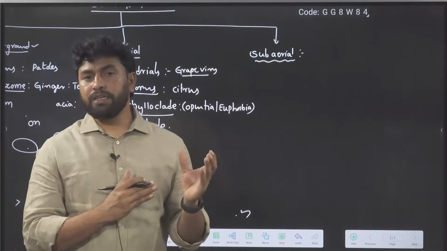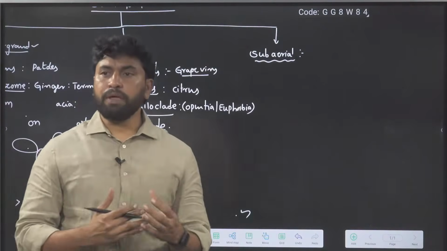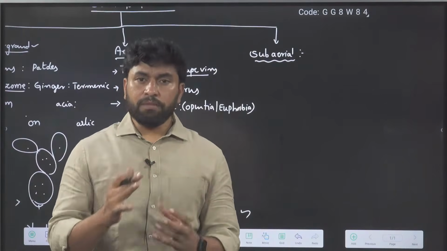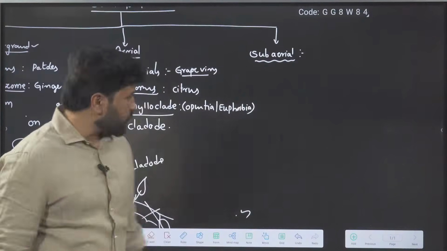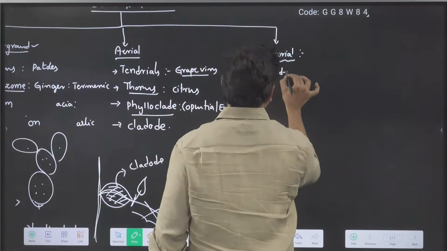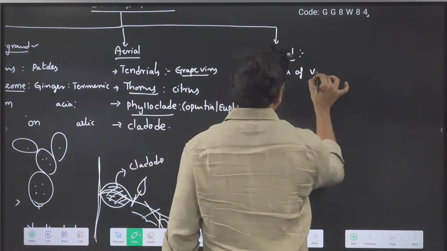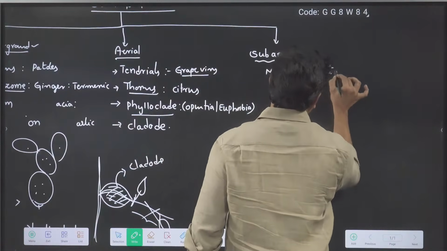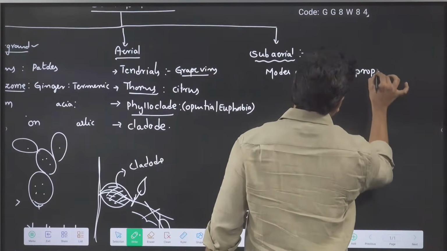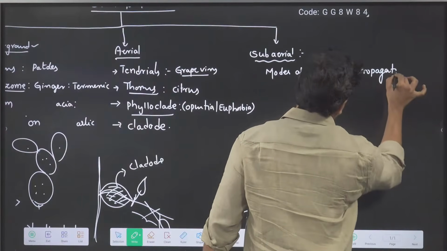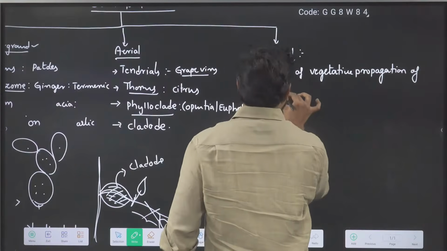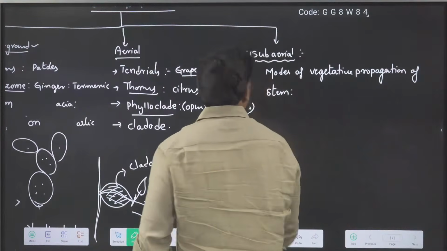We have also mentioned that stems sometimes help in the process called vegetative propagation. Now, if a stem performs vegetative propagation, those modes of vegetative propagation of the stem we will consider as subaerial stem modifications.